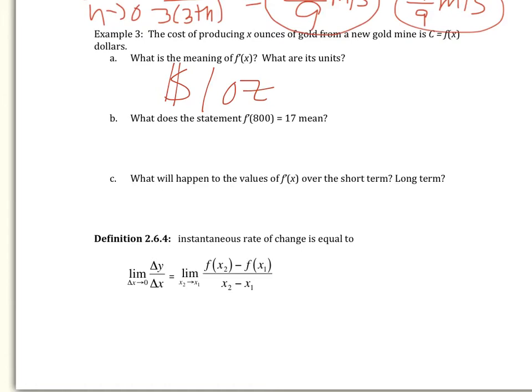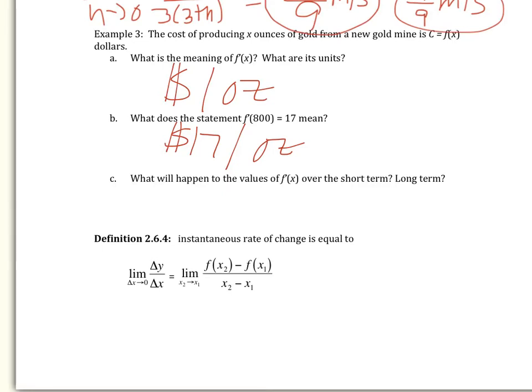All right, going to B, it says, what does the statement f prime of 800 equals 17 mean? Well, that's a simple answer for that one. It's simply saying that after producing 800 ounces of gold, the cost per ounce is $17 per ounce. So we have to produce 800 ounces, and that's our cost per ounce at that point.